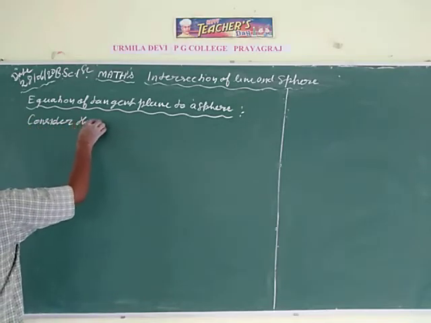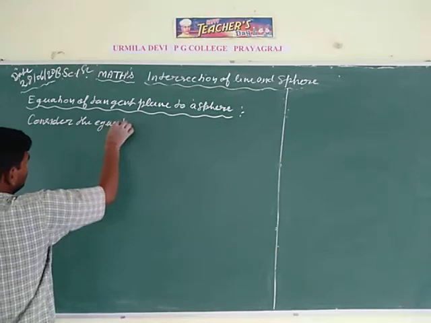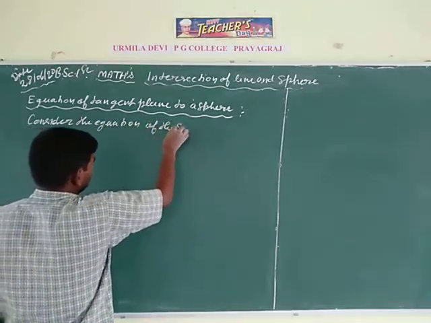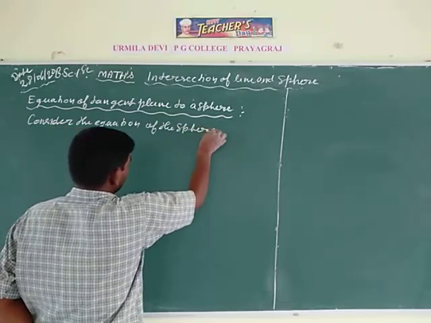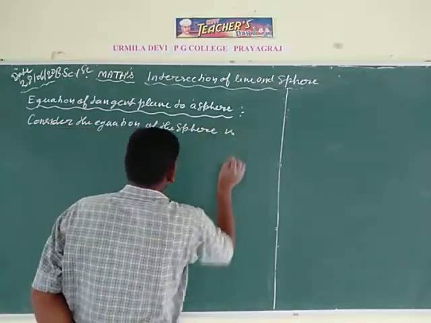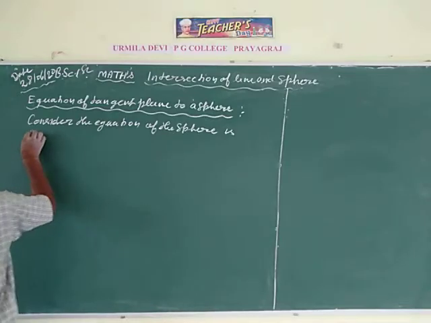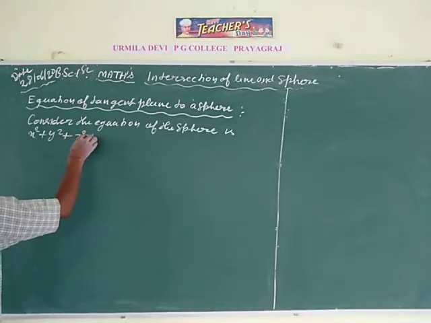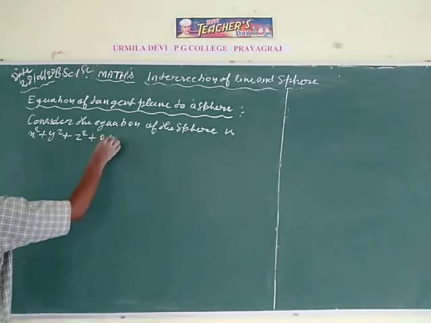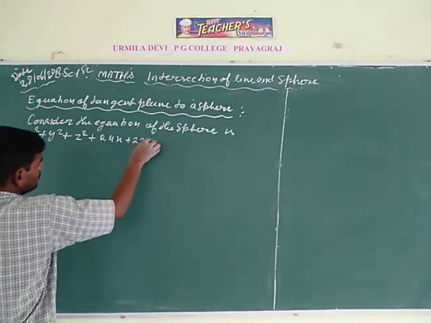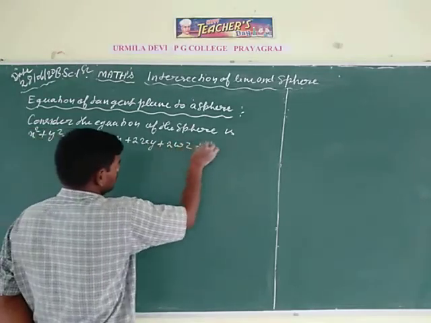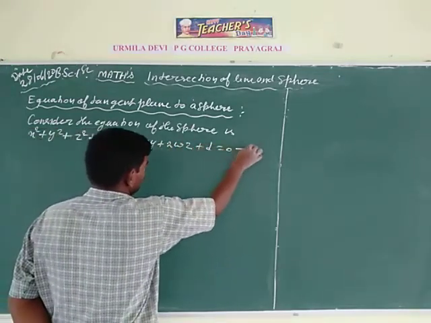Consider the equation of the sphere. Write the general equation of the sphere: x² + y² + z² + 2ux + 2vy + 2wz + d = 0, denoted by (1).